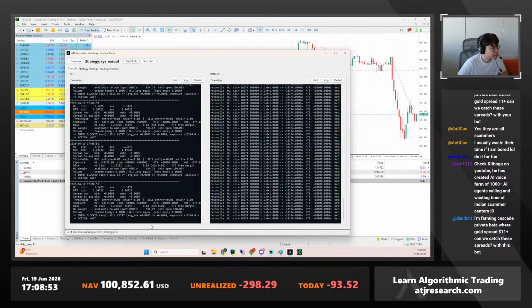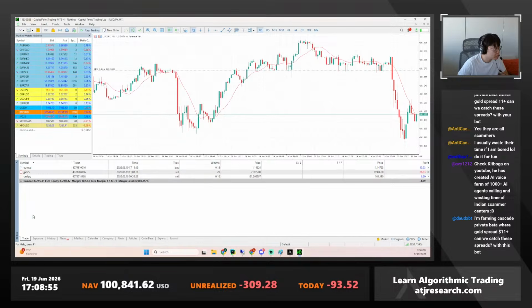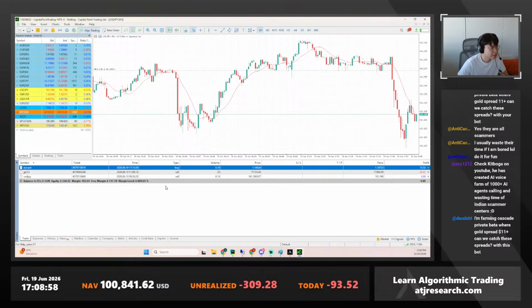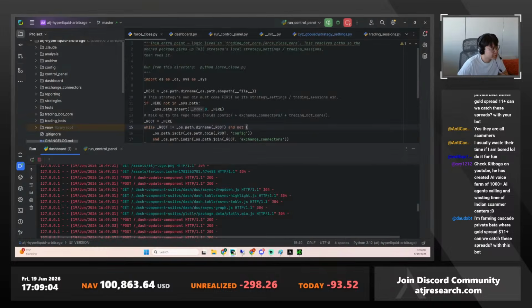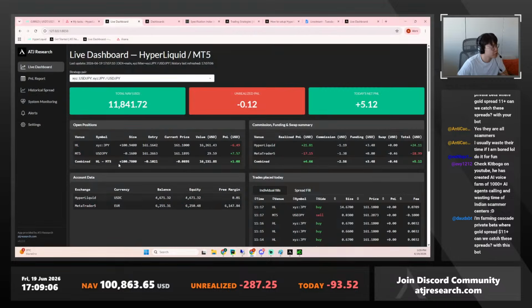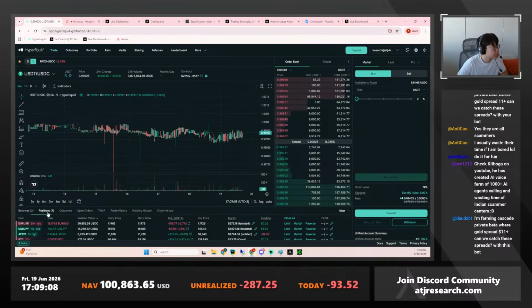Let's check my new strategy here. Oh yeah, we've been trading EURUSD the entire time, and it looks like we actually have quite a lot of EURUSD. I realized that's already quite a big position. If we check the exposure here, we have 18,000 worth of USDs.